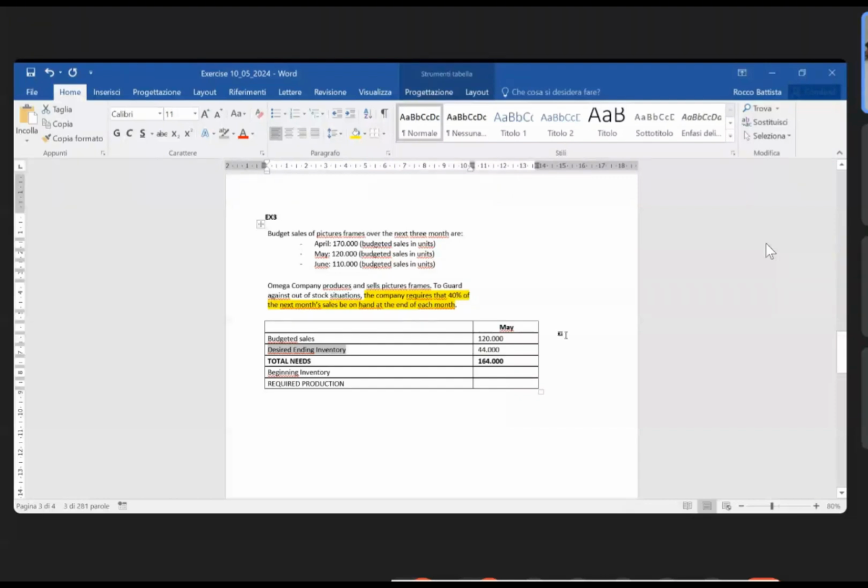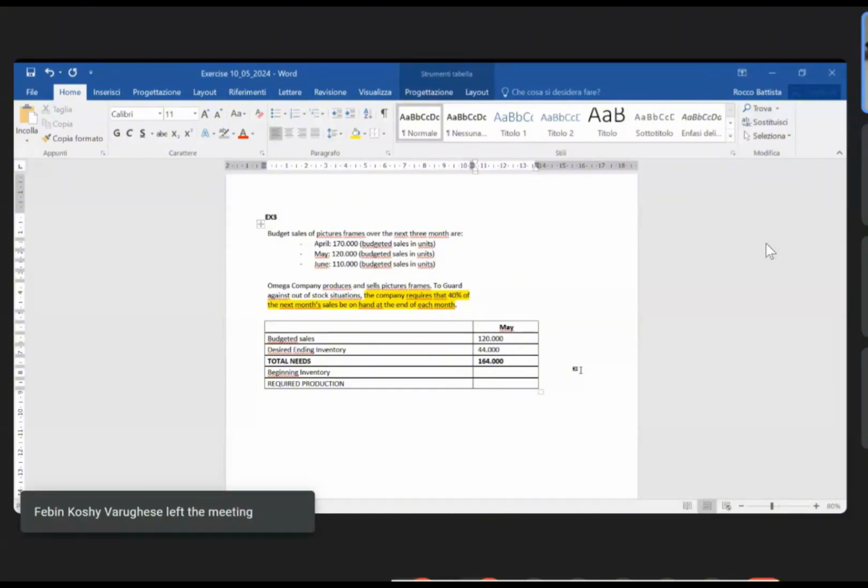That is 40% of the next month's sale. The next month's sale is May, so it would be 48,000, because it's the budgeted sales in units for May multiplied by 40%. So it is 48,000.